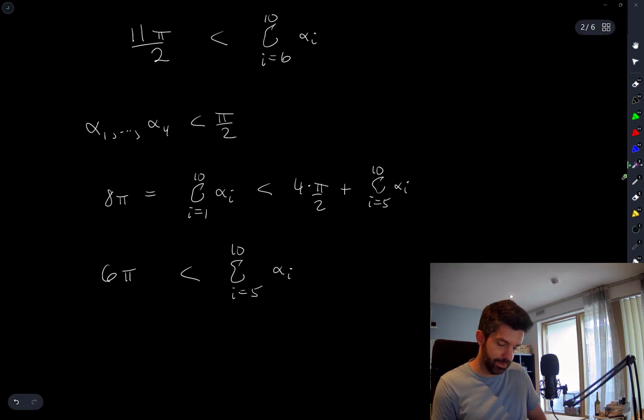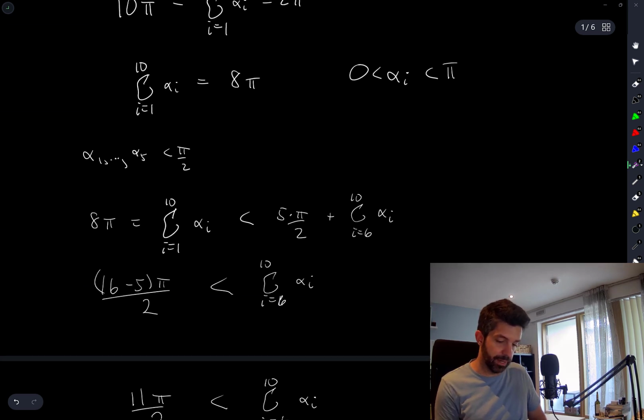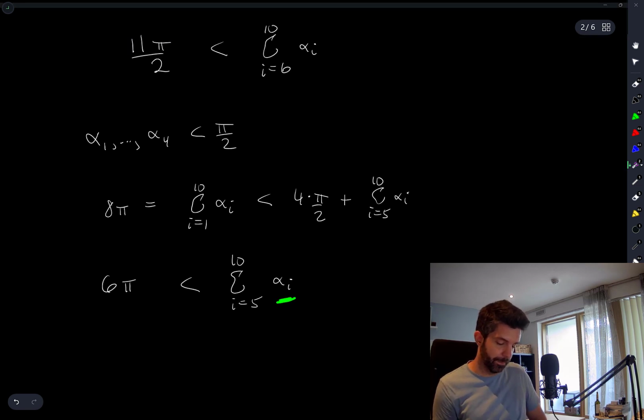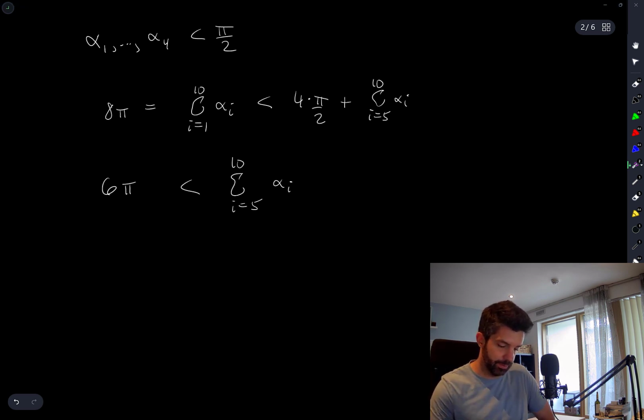Because each alpha i, its largest value is pi. Well, no, it doesn't have a largest value. It must be strictly less than pi. And if these are strictly less than pi over 2, then this is true. But that can't be true.